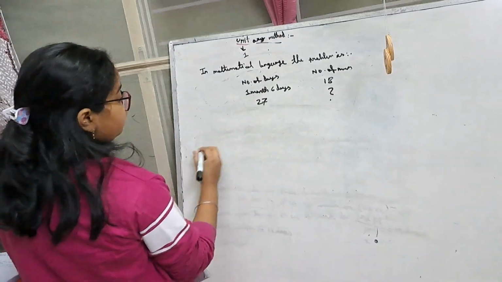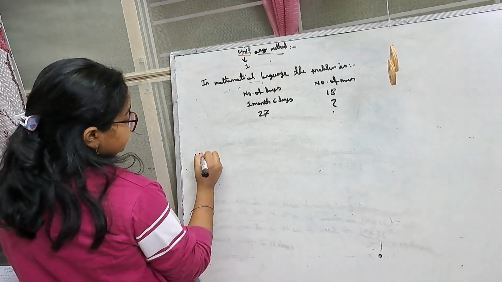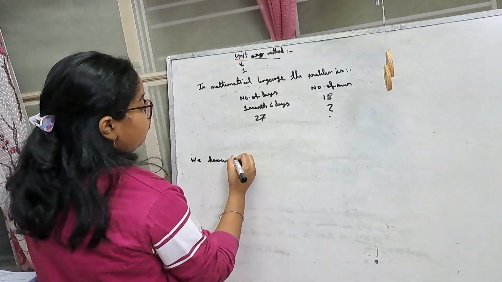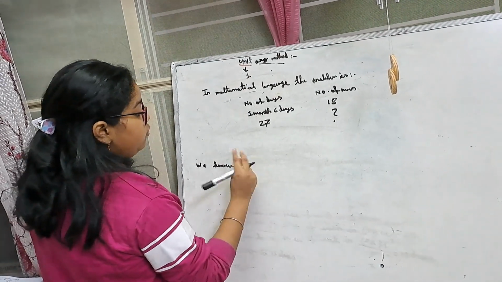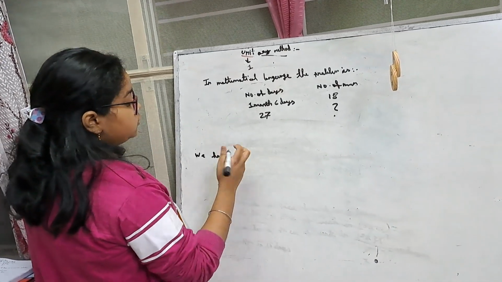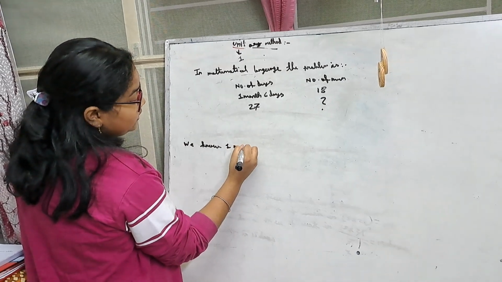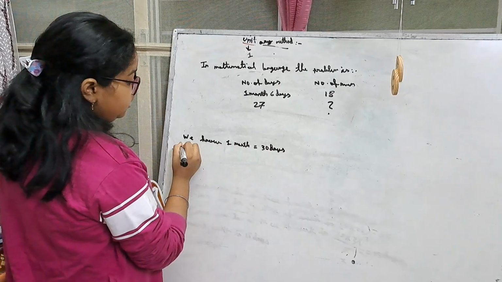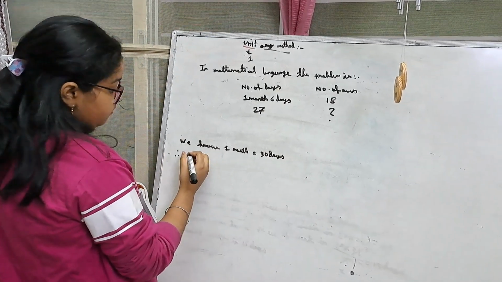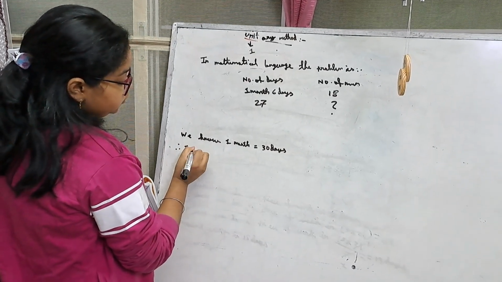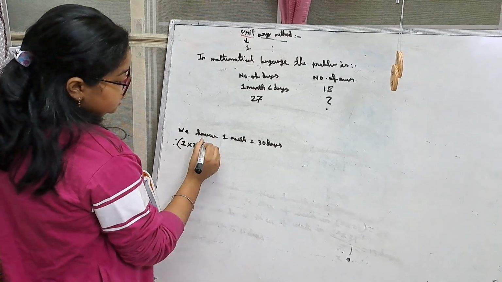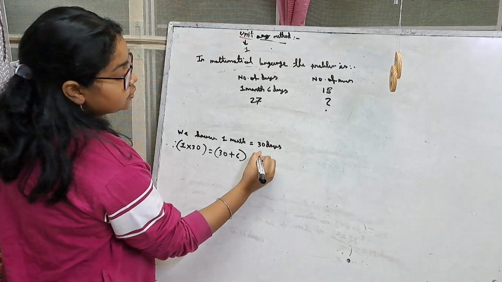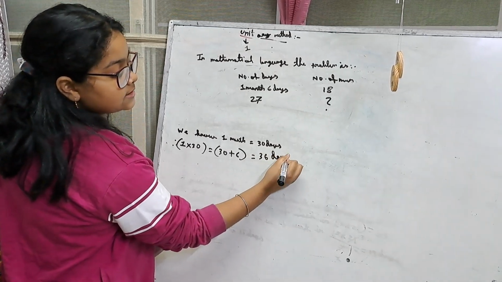So first we write that we know 1 month equals 30 days. Therefore 1 into 30 equals 30 plus 6 equals 36 days.